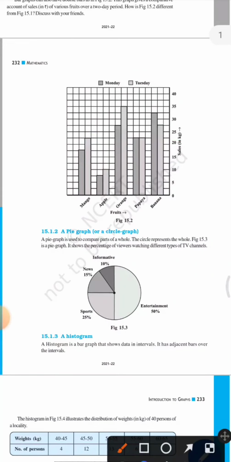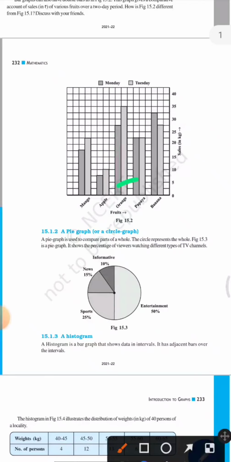So on Tuesday the selling was higher. Again in apple, same you can see here. On Monday it was between 5 and 10, that means you can say 7.5, but on Tuesday it was almost 10, it was the whole 10, no?